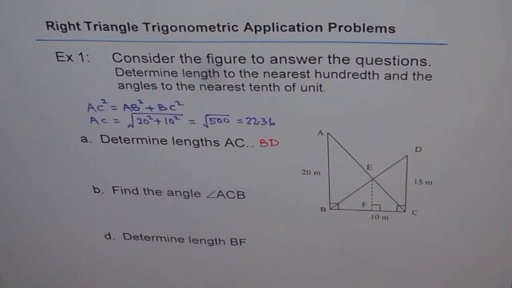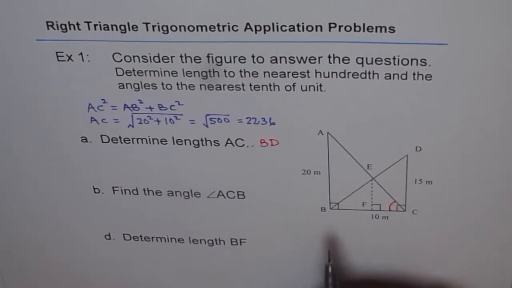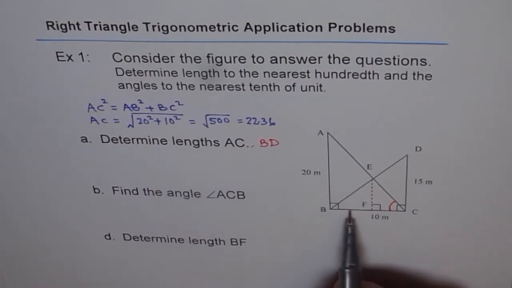And the second question is, find the angle ACB. To find this angle, we can use trigonometric ratio. We know two sides here. If you want to find angle ACB, that is this angle. Now 20 is opposite and 10 is adjacent, adjacent between the 90 degrees and the angle.